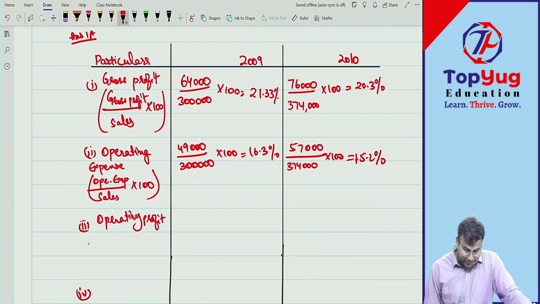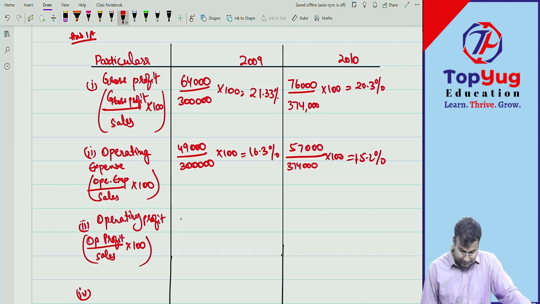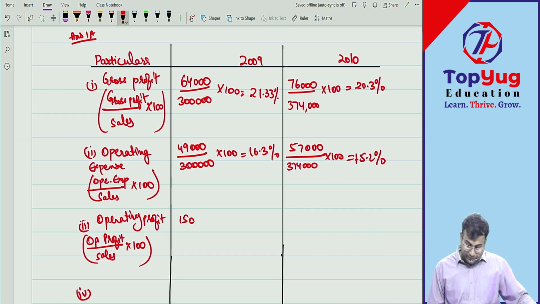So operating profit ratio, that is operating profit by sales into 100. 15,000 plus 0 divided by sales 3 lakhs.